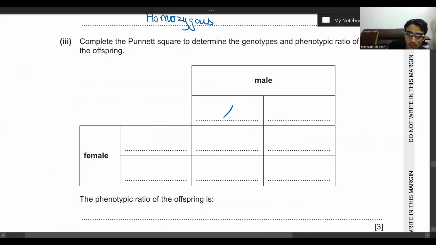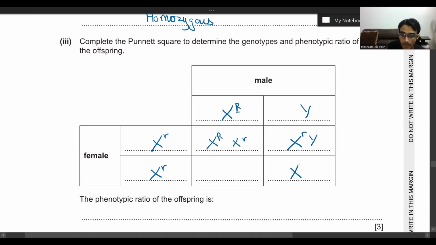Okay, so the male alleles are X R Y, the female alleles are X r X r. The offspring are going to get this from the male and this from the female. The male offspring only gets the X chromosome from its mother, so you only get the recessive allele and have the recessive phenotype.